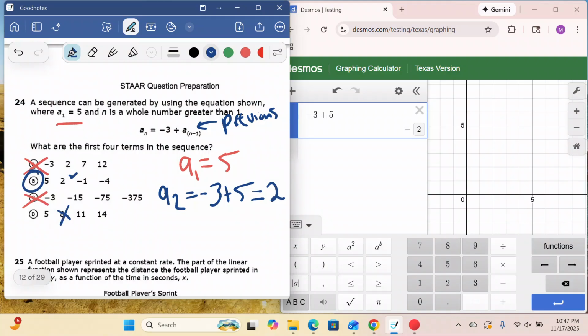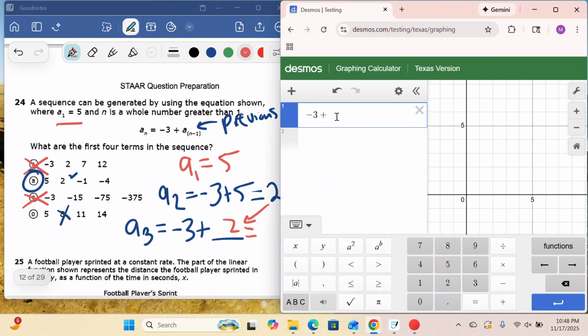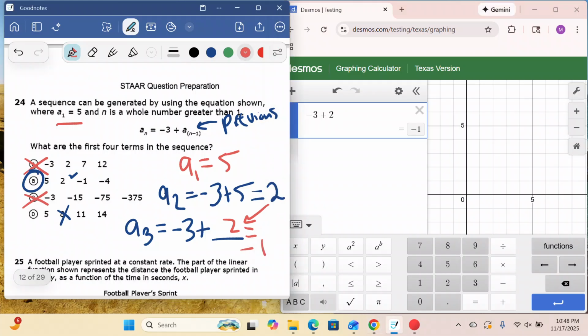Now if I want to get my third term, all I have to do is say negative 3 plus my previous answer, which is 2. And I'm going to go ahead and put in 2 because this is my previous answer. And that's going to give me my third term. So all I'm going to do is say negative 3 plus 2. And that gives me negative 1. So that is my third term.